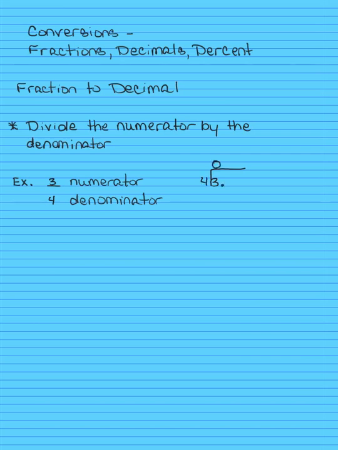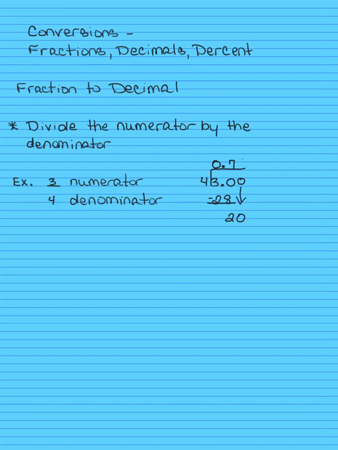You know 4 won't go into 3, so we're going to add a 0, place a decimal behind the 3, bring the decimal up, add a 0 behind the decimal, and you have 30.